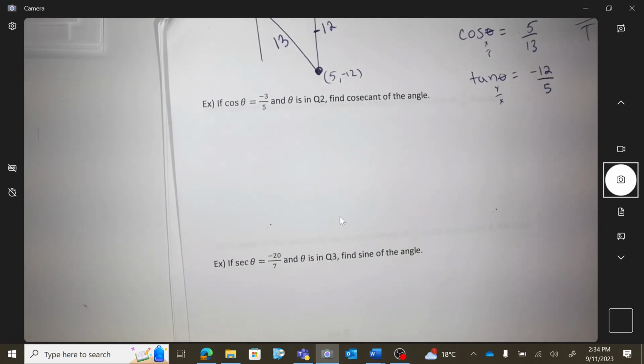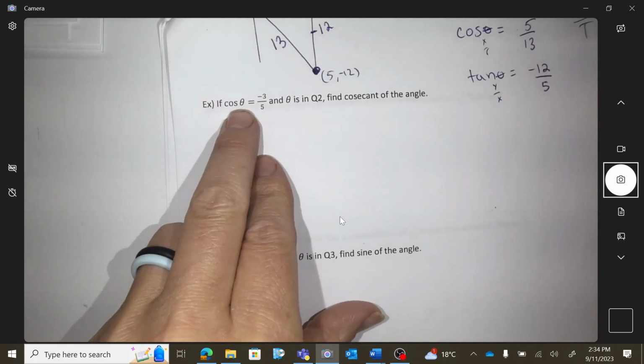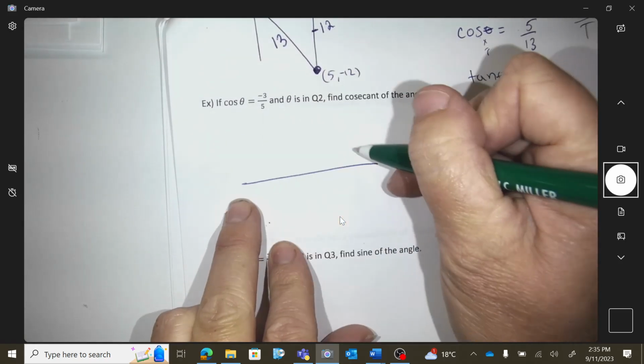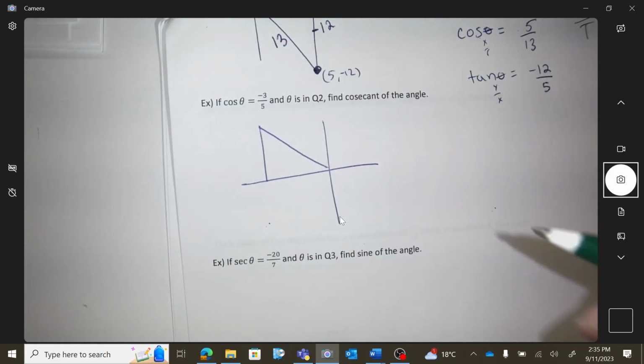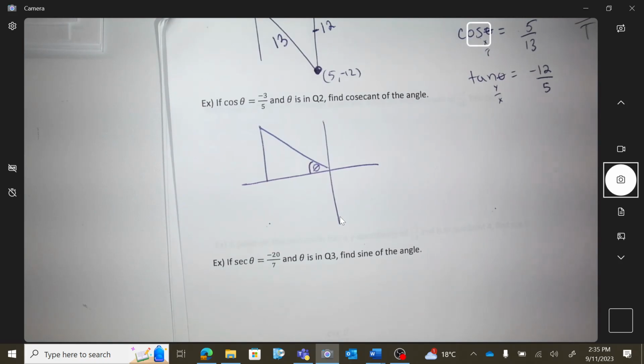So let's look at what other things we can do now. So the cos of the angle is this, and the angle's in quadrant 2. So I know the angle's in quadrant 2. Do you remember me always connecting my reference angles to the x-axis? Do you know that we never ever went to the y-axis, right?